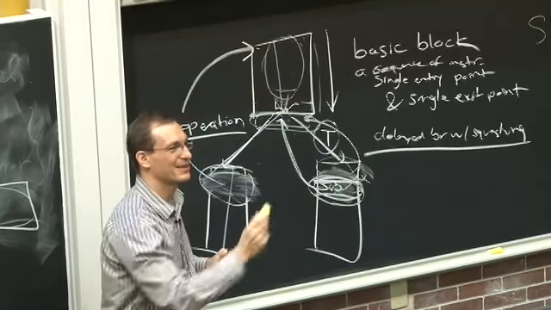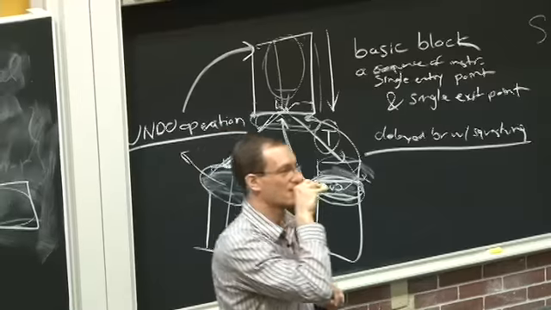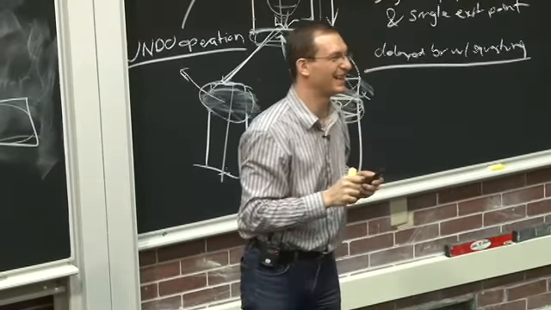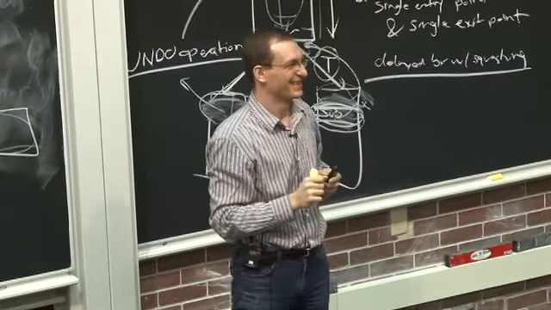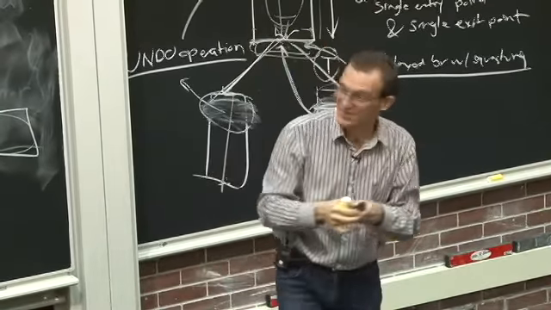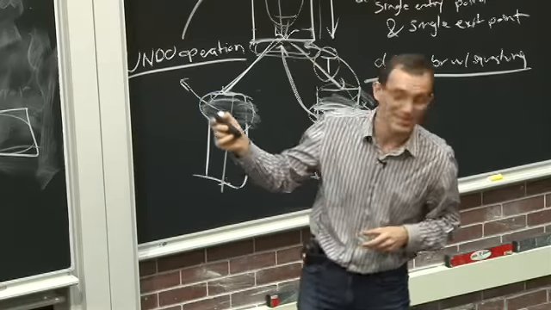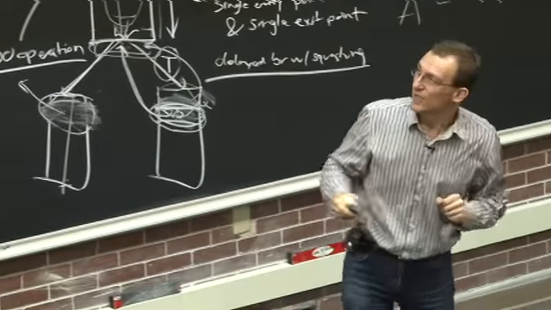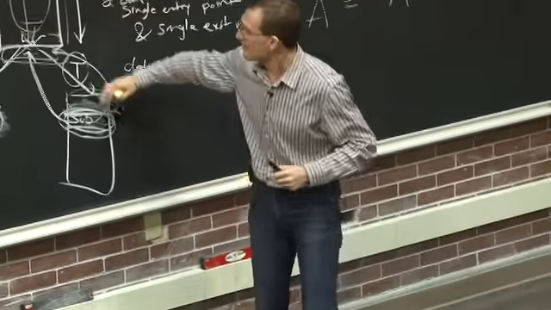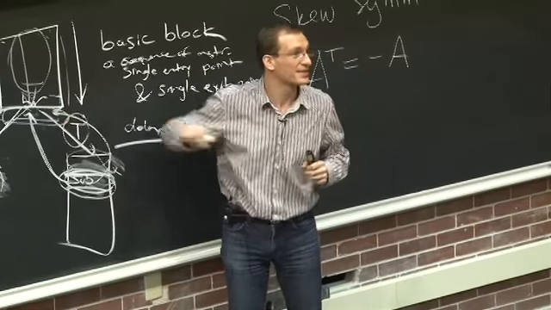Make sense? Yes? How does it work with stores? So yeah, you got to be careful. That's right. So some things you cannot, that's the idea of safety. So some code movement like this is safe, some other code movement is not safe.